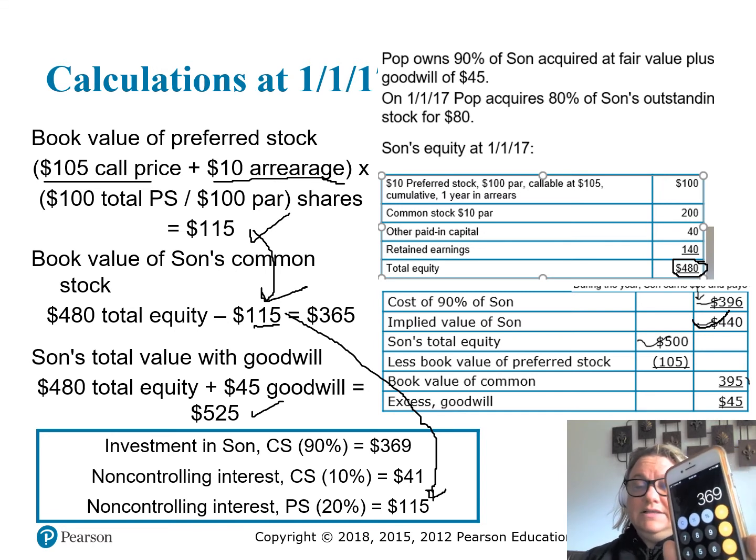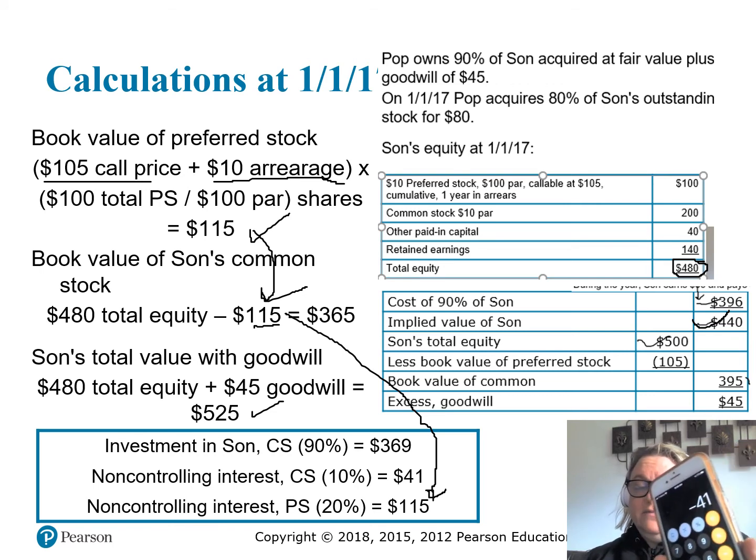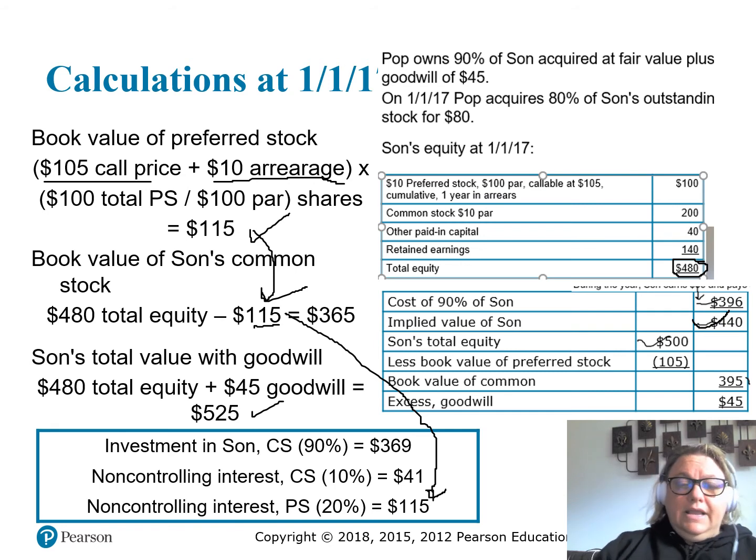Here's our 369. And then we could go 2 different ways. We can either subtract the 410 from it to get 41, which is my easy way out. That's positive, by the way. Or we can simply just take 410 times 0.1 and get 41. All right, and then so we've got these two and our non-controlling interest.